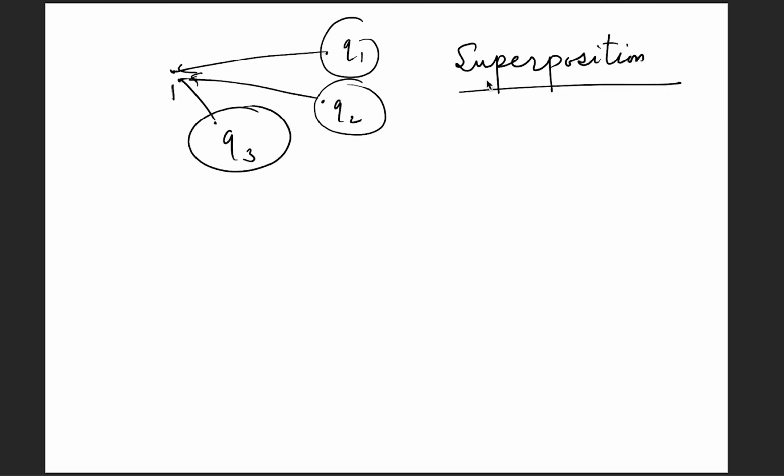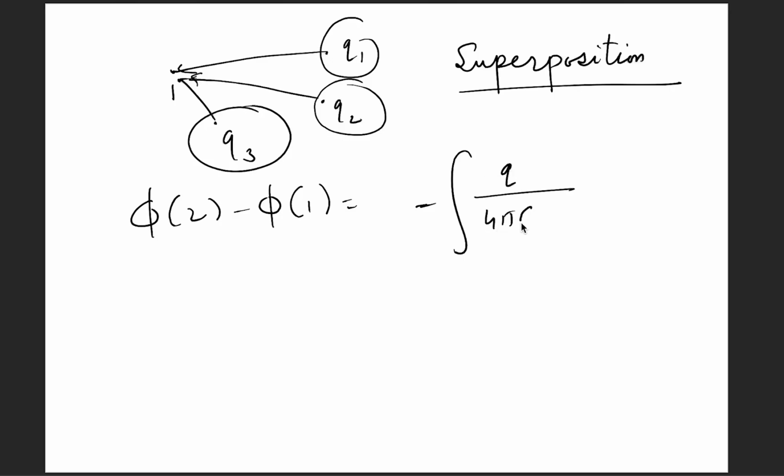Okay, now let us try to find the formula of the electrostatic potential if we consider that this reference point is at infinity. So we have seen previously in this slide that we are always writing phi2 minus phi1 as minus the integral from point 1 to 2 of, let us say I am just assuming a point charge, q by 4 pi epsilon naught r square dr, which generates the electric field.